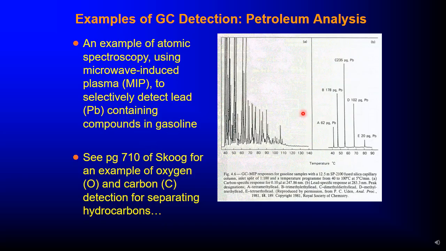You can see the chromatogram there, and the mass chromatogram, the gas microwave induced plasma responses for gasoline samples. The column used here is a fused silica capillary column. So that is generally some of the things you can check. More reading from Skoog, page 710.